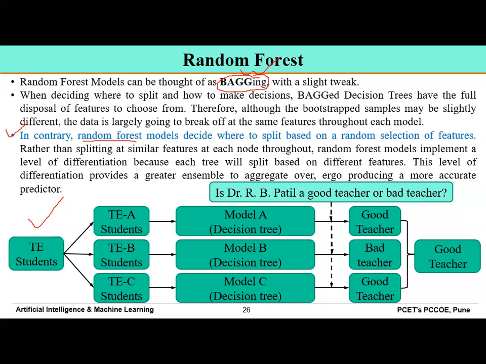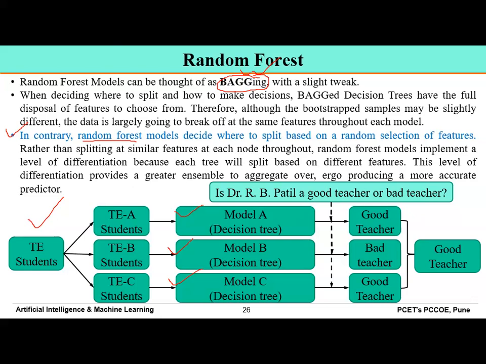In the previous example, where we talked about bagging, we talked about model A, model B, and model C, and these three models are developed by using different algorithms. Whereas in case of random forest, for all the models we are applying decision tree only. Did you understand the difference?